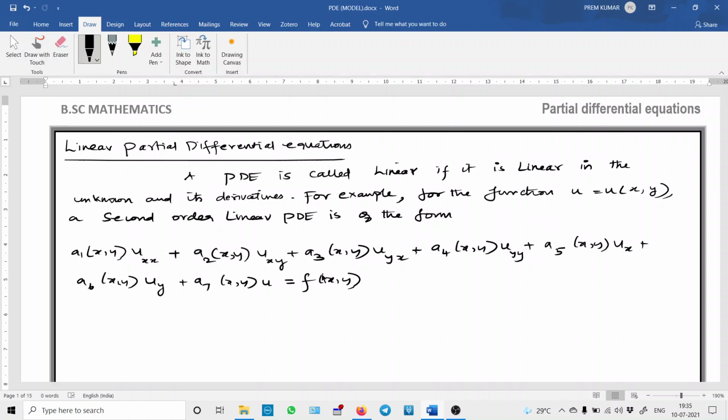This is a second order linear partial differential equation of the unknown function. The unknown function is u, and this is how a general second order linear PDE looks like.